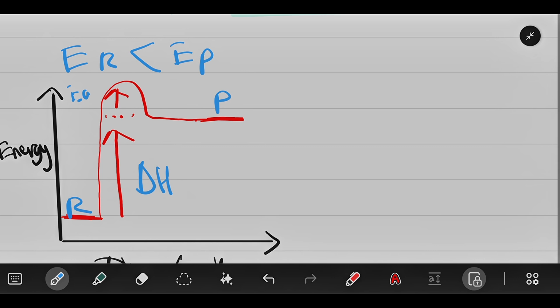And similar to the first part, the enthalpy change calculation is always the energy of products first and energy of reactants later. Energy of products minus energy of reactants. Now, if I provide a theoretical value, let's just say I have plus 600 for the energy of products, and I have plus 400 for energy of reactants.